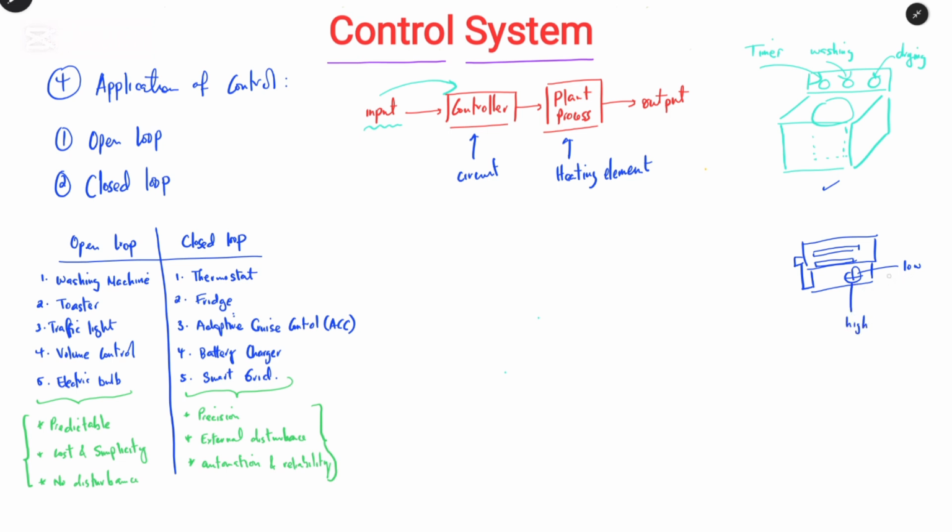For low toasting we can select low, and for high toasting we can select the option high. Then we normally press the switch downward, and according to the timing, for the low we can say 1 minute, and maybe for the high we can say 3 minutes.